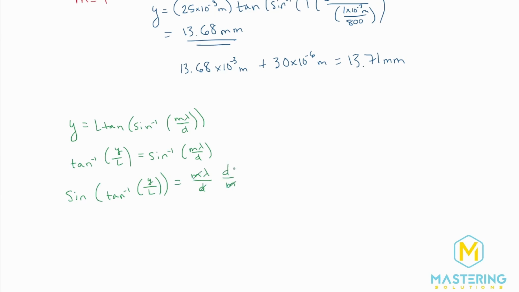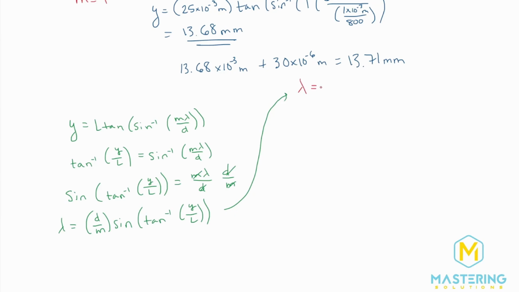So that will cancel, and that leaves us finally with lambda is equal to d over m times the sine times inverse tangent of y over L. So now let's plug all of the information in here and figure out what the wavelength for that second line is. Let's come up here so we have some more space.